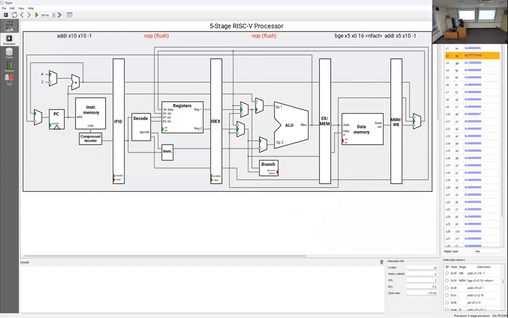As you can expect, the next lab assignment is to design a pipeline processor. Designing a pipeline processor is more difficult than the design of a single cycle processor, because we need to consider hazard detection and data forwarding.